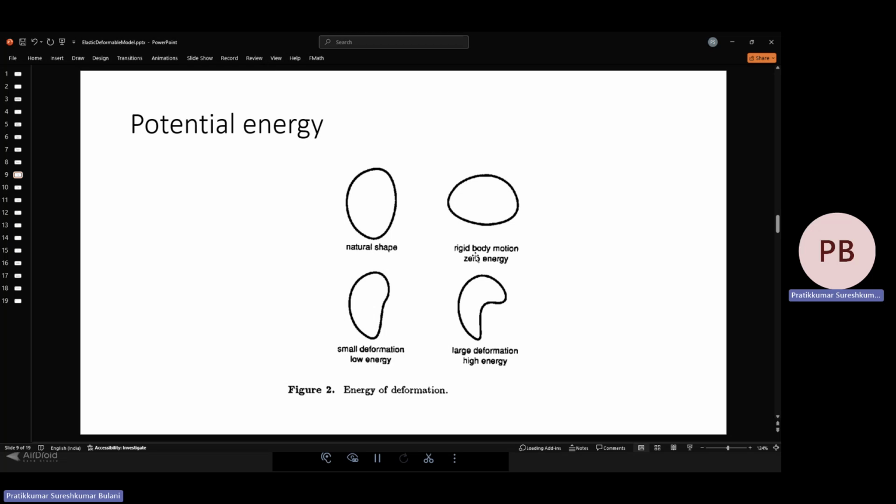Affine transformation is not just rotation and translation, it is much more. So if you are performing rigid body transformation, then it's not holding any kind of potential energy inside it. Any rigid body transformation should lead to zero potential energy. But when you are really deforming it, if the deformation is small, the potential energy is small. If the deformation is large, the potential energy is large.